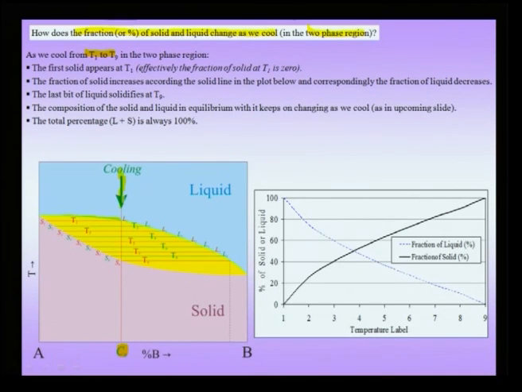Now, as I cool slowly and touch temperature T1, my first solid forms, the composition of that solid is S1, and the liquid with which it is in equilibrium is L1. Of course, if I make a lever rule calculation exactly at the coexistence line, you would notice that the fraction of the solid is 0. So, it is like an infinitesimal amount of solid forming, or that is where the solidification is expected to start.